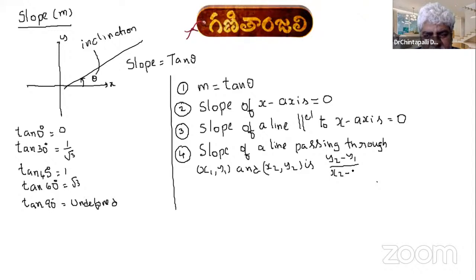Have you got the point? Why is y2 minus y1 by x2 minus x1 its slope? Have you found the reason?